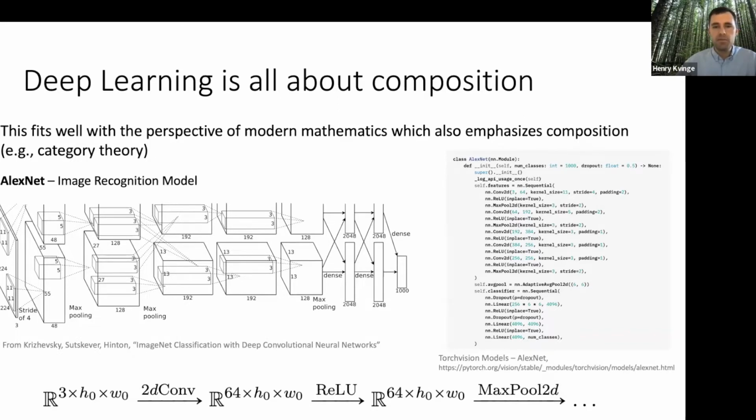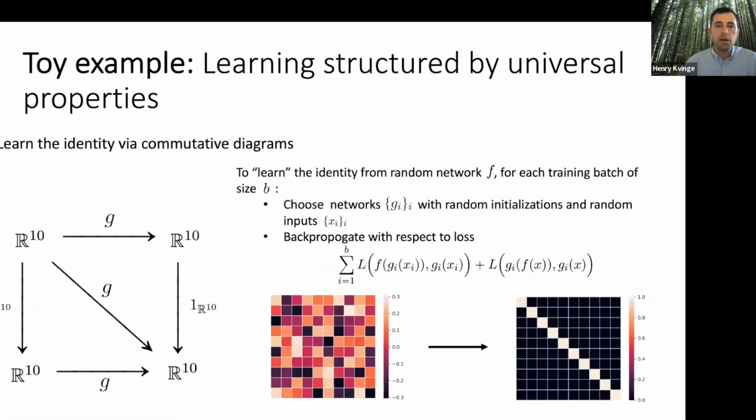And I think this really fits well with the tools and ways of thinking that pure mathematicians already have, a la category theory, where we think a lot about things in terms of composition, and are generally more comfortable with it than maybe other disciplines are. So there are already some connections there.